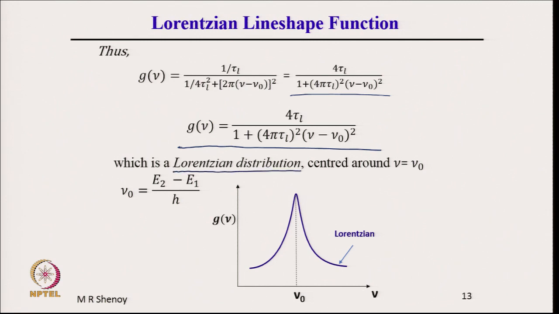A Lorentzian distribution, as you can see from the expression, is a symmetric distribution centered around nu equal to nu 0, because in the denominator all are positive quantities.